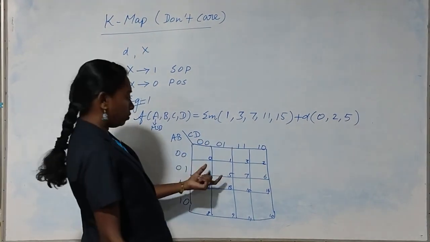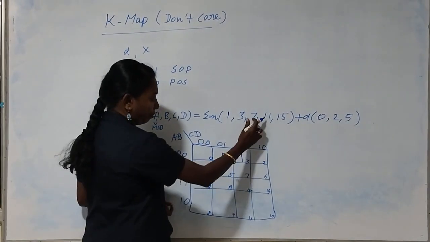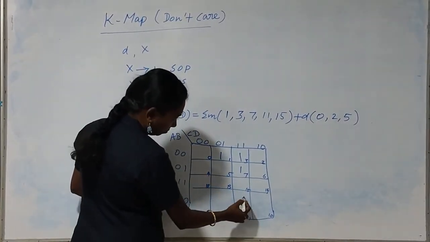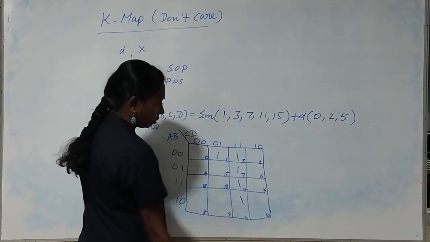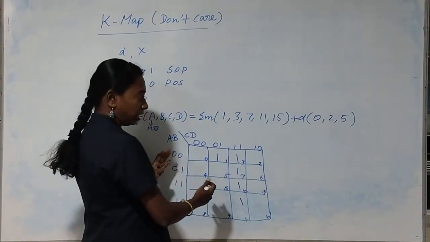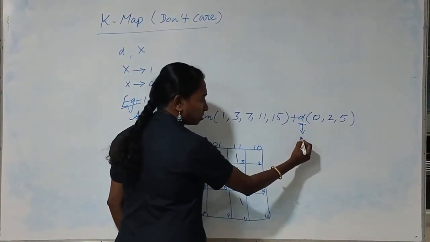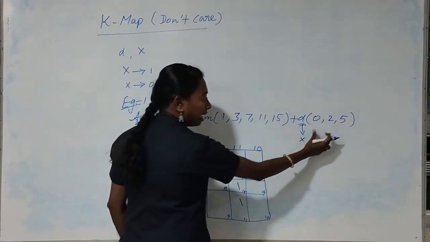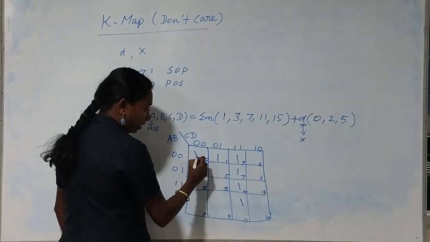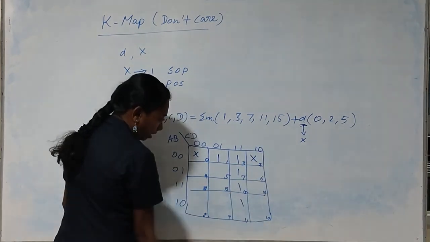For 1, you have to mark 1 here, and for 3, for 7, for 11, and for 15. You have marked these things which we have seen already, and the extra thing is don't care. This don't care should be represented with X for your values 0, 2 and 5. For 0 you mark X, for 2 you mark X, and for 5 you mark X.